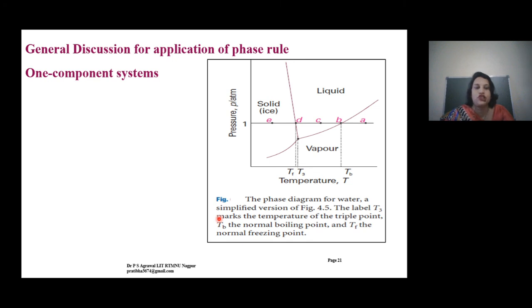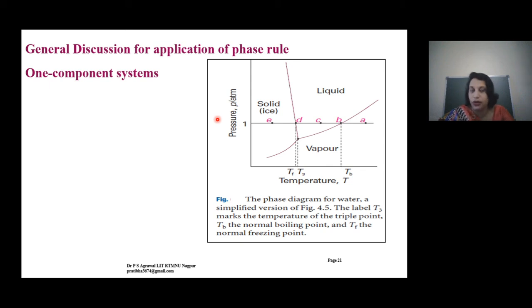Now we will see the general discussion about the phase diagram when applied to a one component system. In detail we will see it in the next talk, but there are some points I would like to focus on, so just go through it. Take a one component system, for example water. When the component is 1, the rule becomes F is equal to 3 minus P. Whatever the system, a minimum of one phase will surely exist in equilibrium.